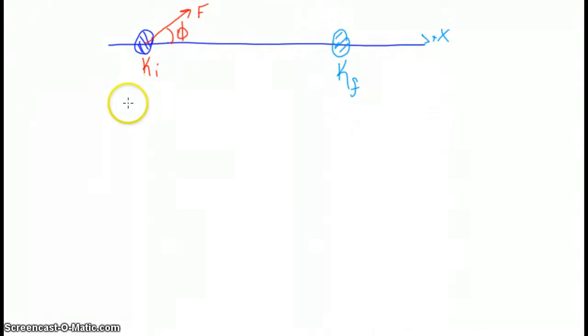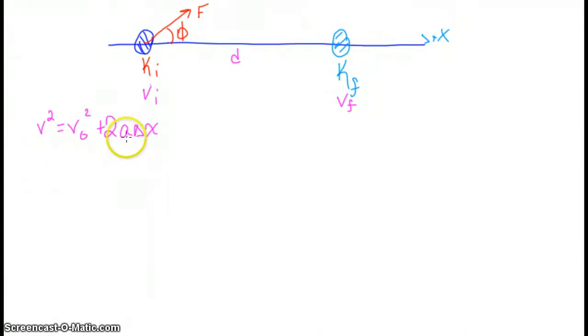Now, we know that we have an initial velocity v initial here. We have a final velocity v final here. We have an acceleration based on that force, and we have some distance that this bead has traveled. So we can look at one of our fundamental kinematics equations, v squared equals v naught squared plus 2a change in x, which in this case would be our distance.